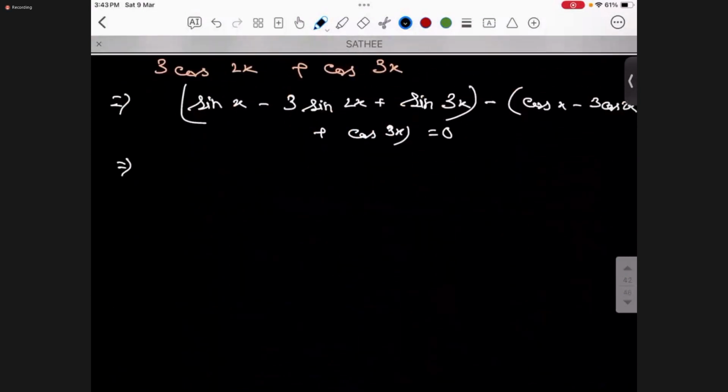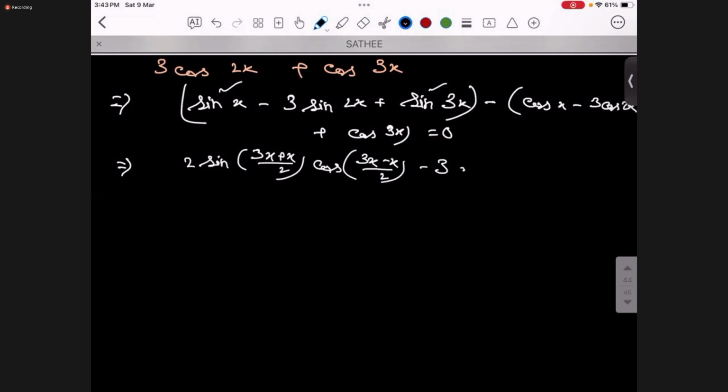In a similar way, we will take sin x plus sin 3x and apply the formula for sin x plus sin y. So what will we obtain from there? We get 2 sin (3x plus x)/2 cos (3x minus x)/2 minus 3 sin 2x. This is one term. Minus, what will be the formula for cos x plus cos 3x?